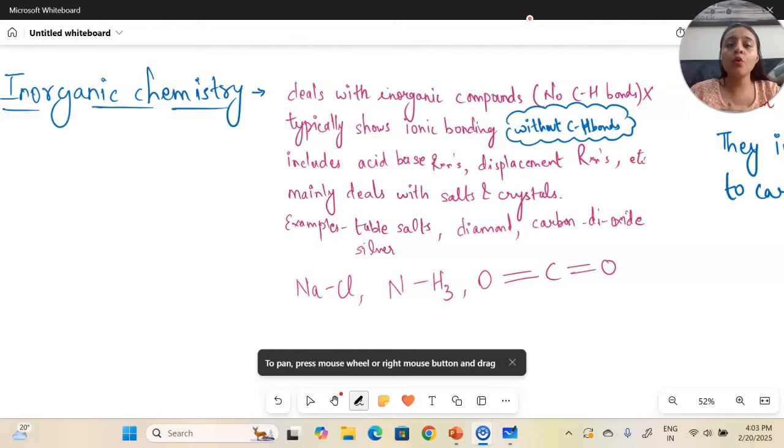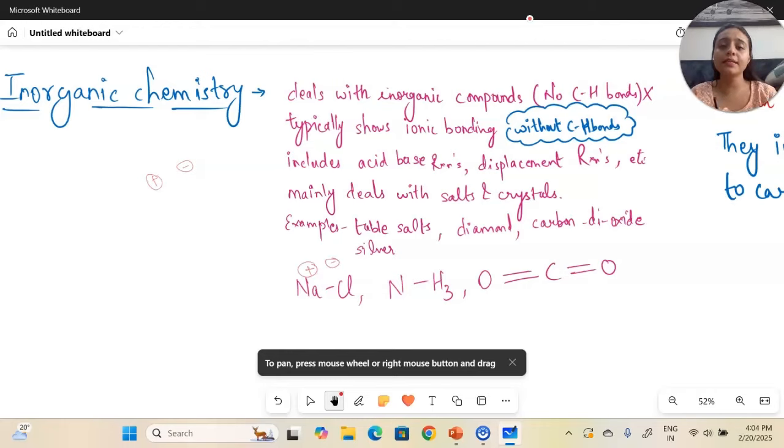That means they transfer and share positive and negative ions between two elements to form ionic bonding, which includes acid-base reactions, displacement reactions, etc. It mainly deals with salts and crystals, which we will learn more about when we learn about detergents and soaps.